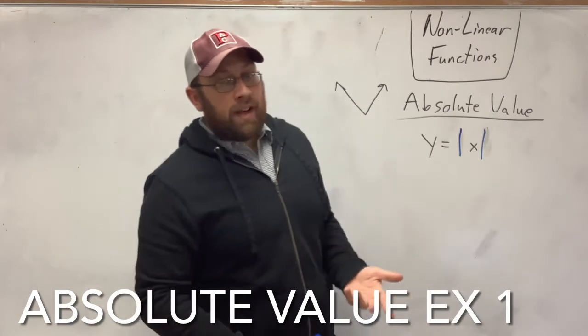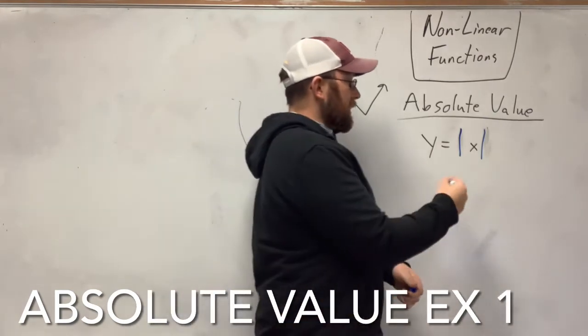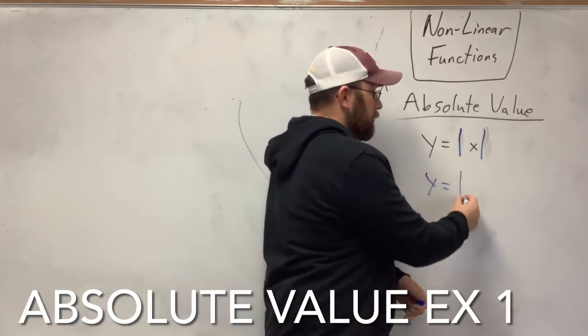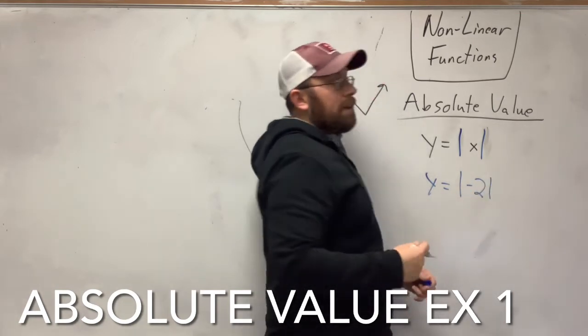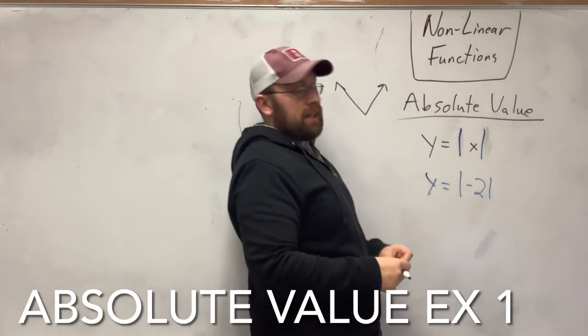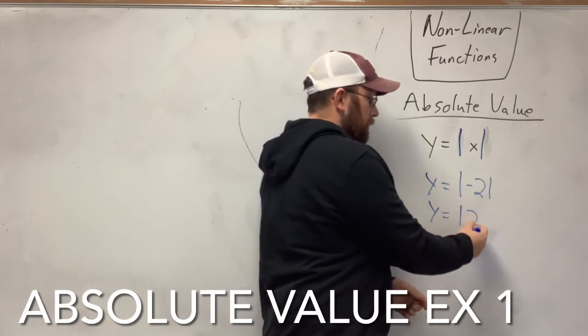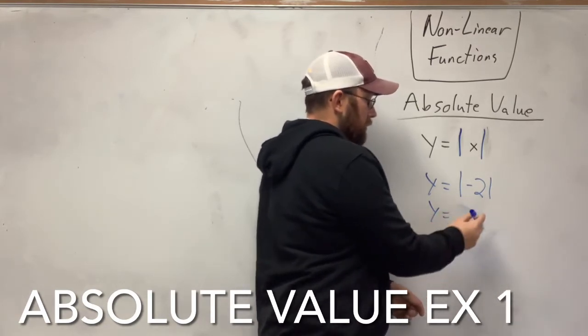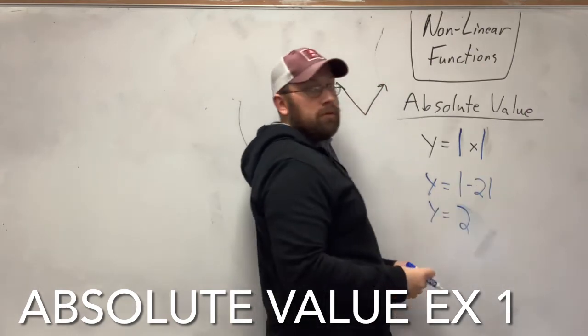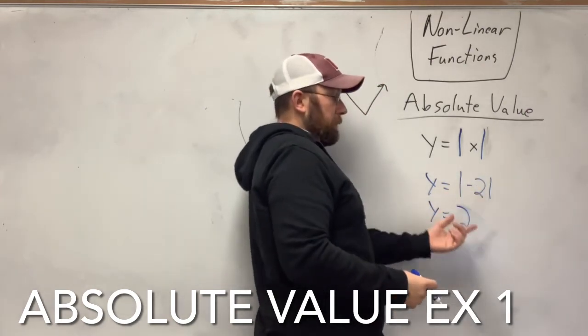What the absolute value is, so if I said y equals the absolute value of -2, absolute value means you turn everything in there to positive at the end after you solved it. So the answer to this is y equals 2 because it turns it to positive from negative.